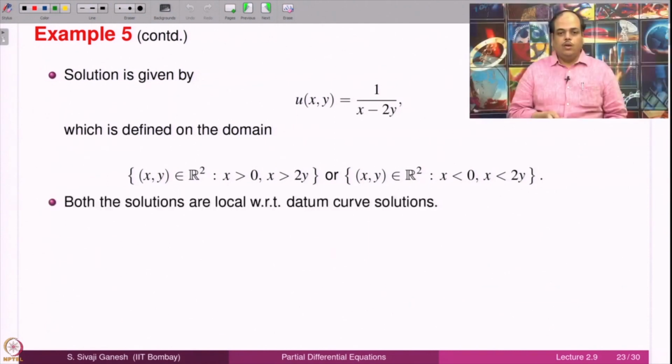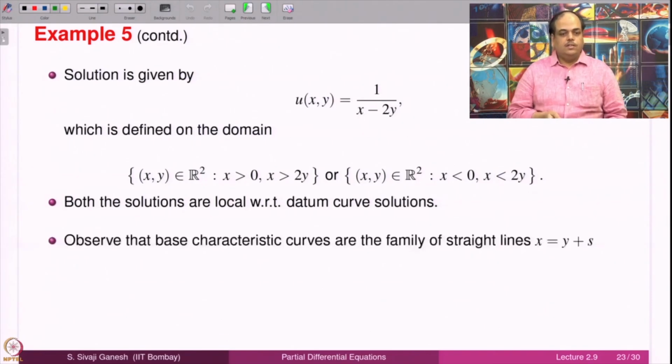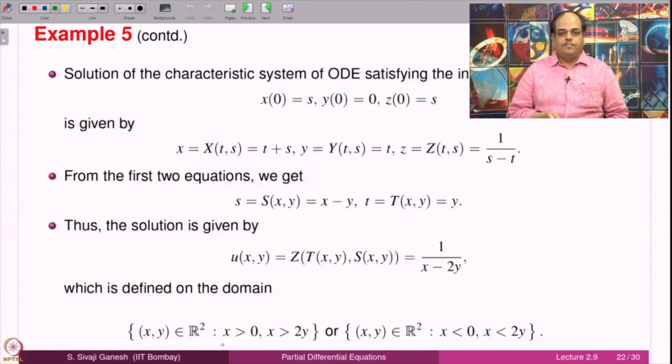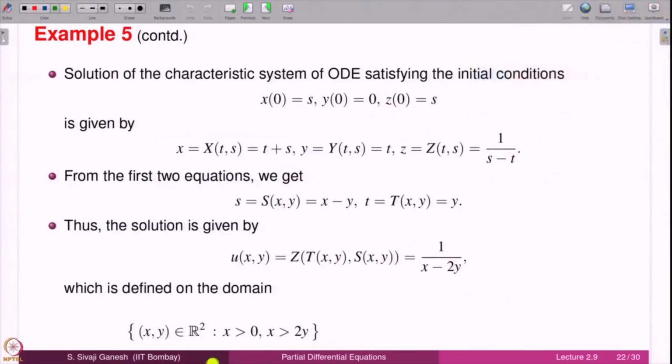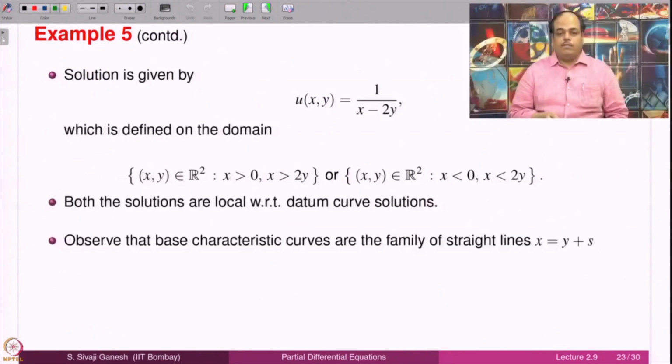Now, both solutions are local solutions with respect to the datum curve. Observe that base characteristics are the family of straight lines x equal to y plus s. See here y equal to t, right. So, x minus y equal to s, that is a family of base characteristics and they fill the entire plane.